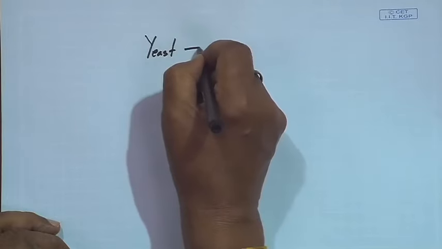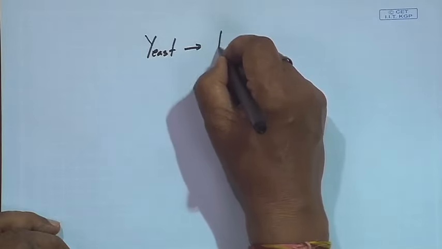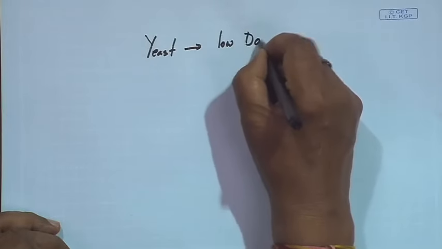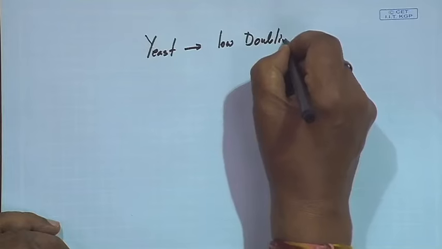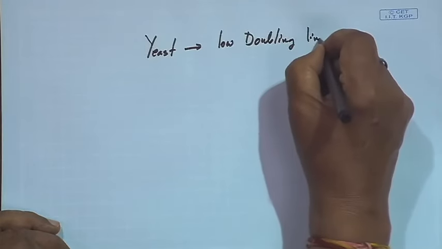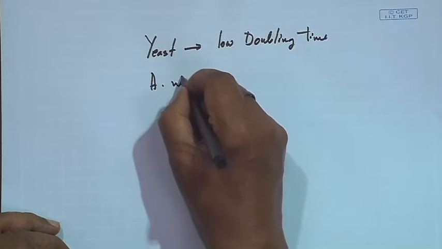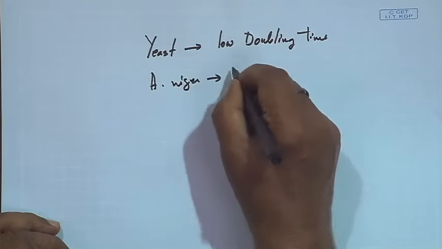Now the yeast, Saccharomyces cerevisiae, as I already pointed out, has a very low doubling time, whereas the fungus Aspergillus niger has a high doubling time.